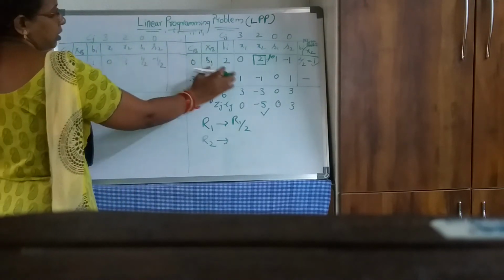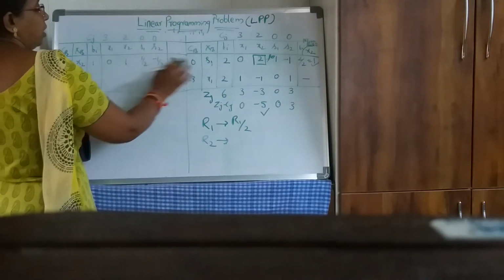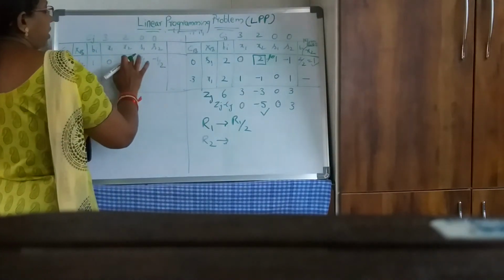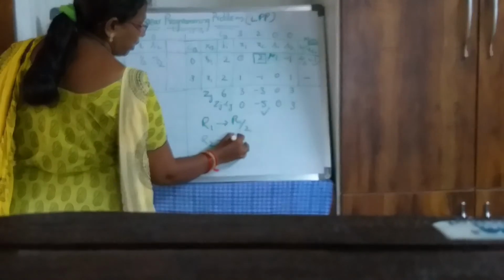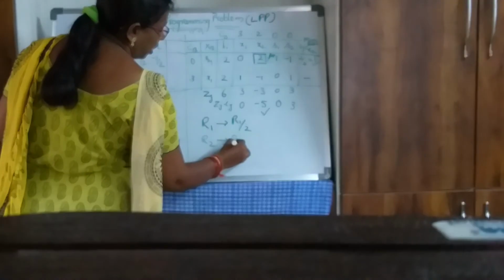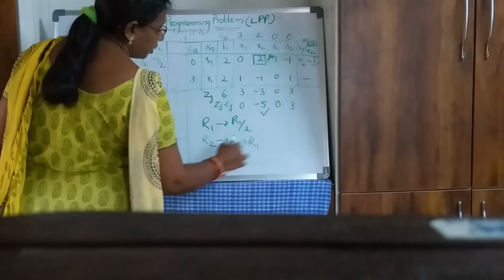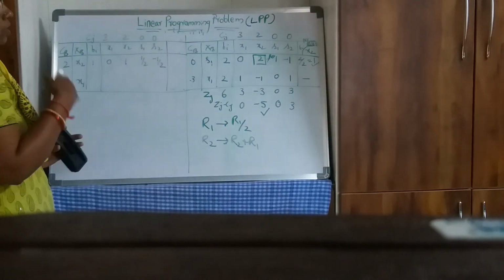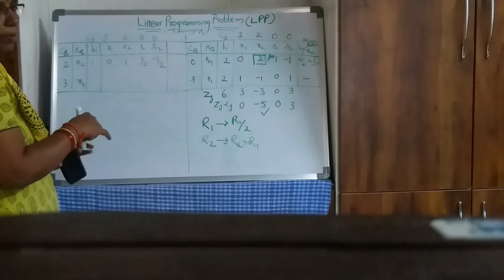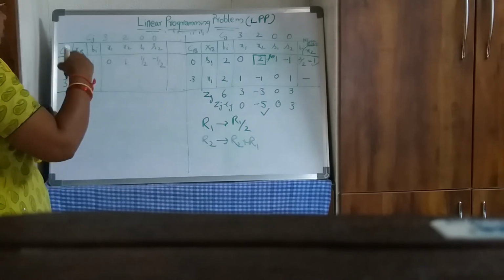Here I have minus 1 and here I have 1. So when I add these two, I will get 0. So R2 will be R2 plus R1.